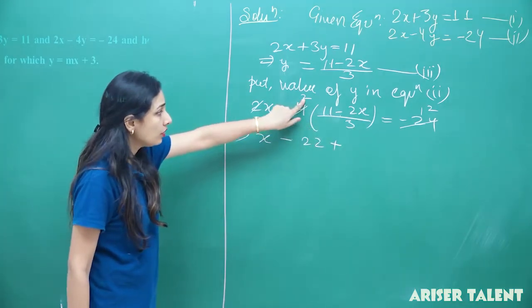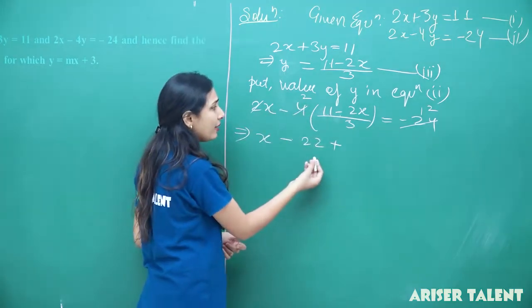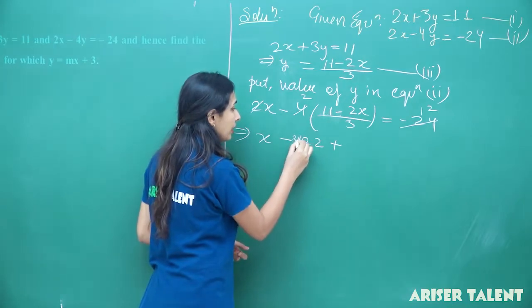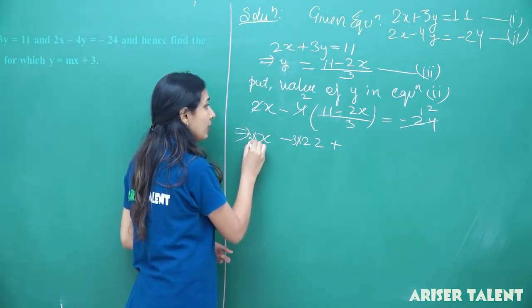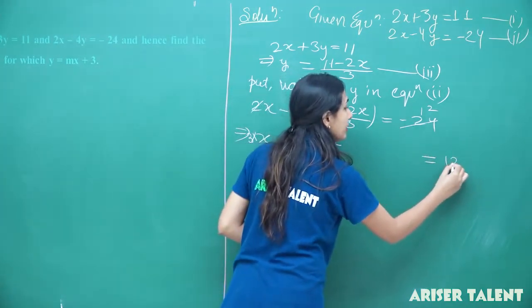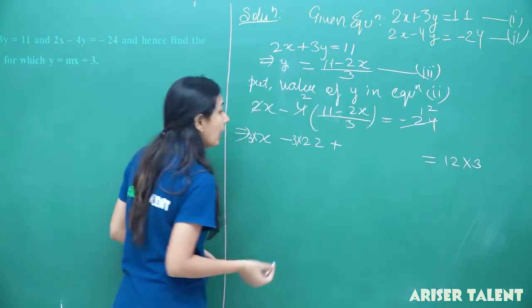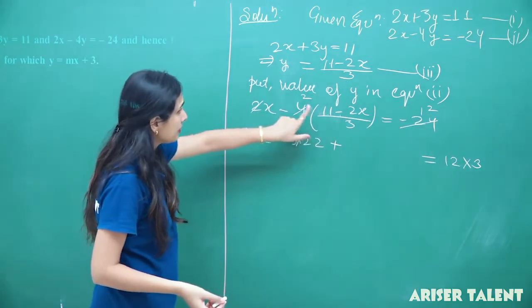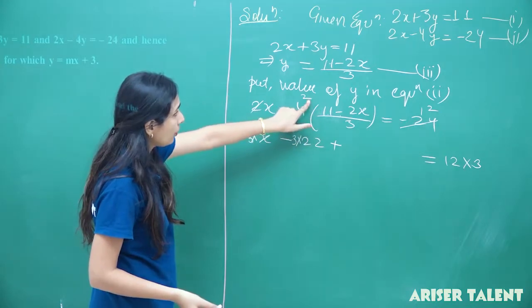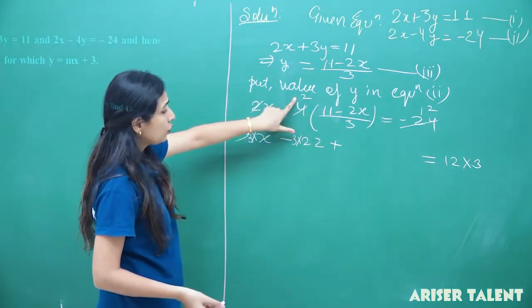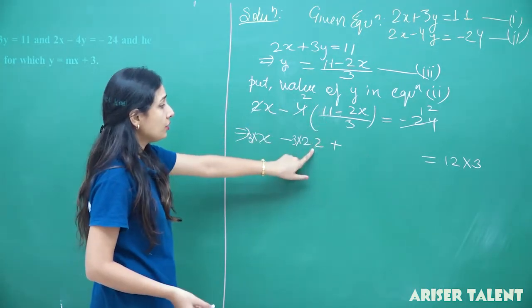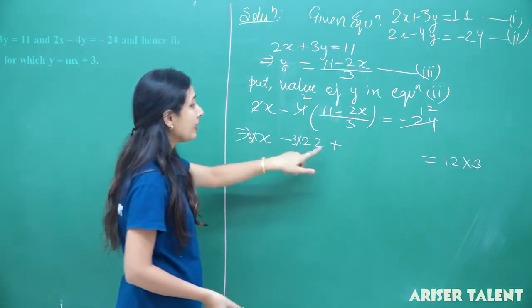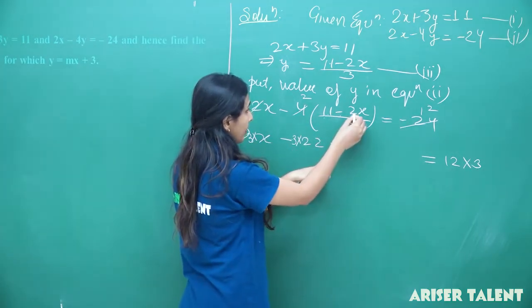Now, this is 22. Can I just multiply it by 3, and this also by 3, so that I can have this 3 here? Now this is what I have taught you: 2 multiplied by 11 is 22, and then 3 multiplied here.